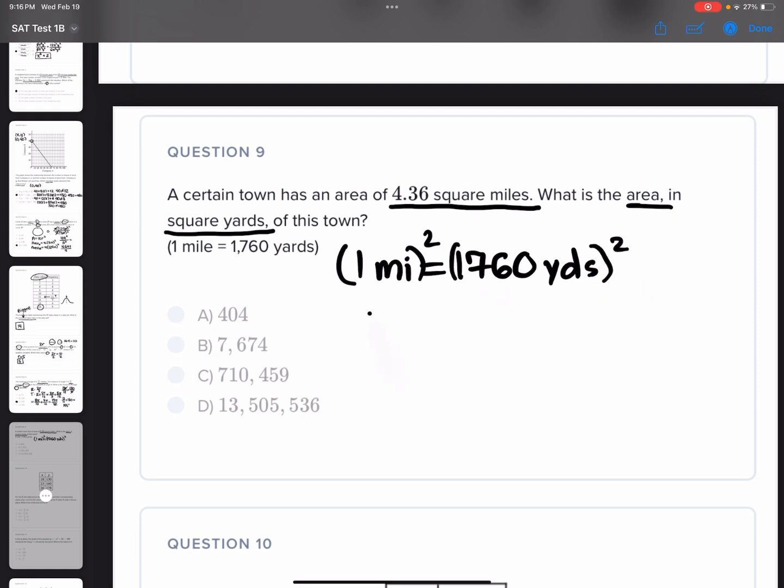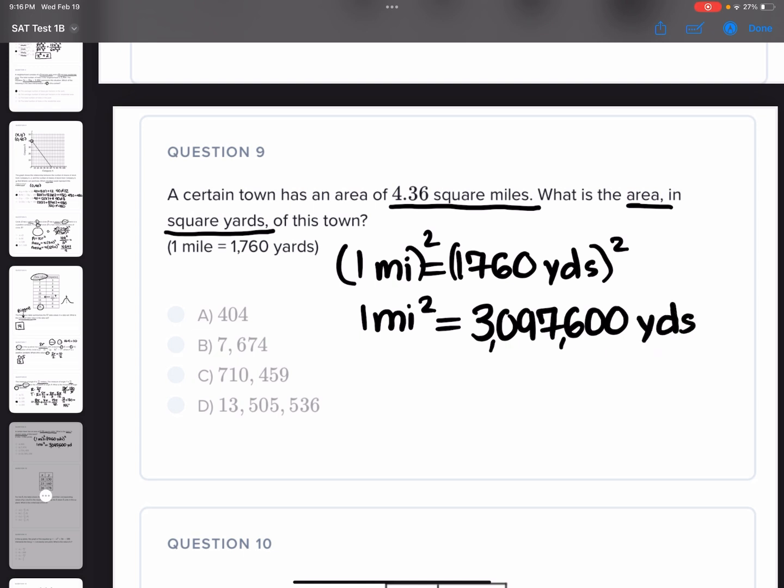Therefore, a square mile would equal 1,760 squared, which would be 3,097,600, 3 million square yards, right?